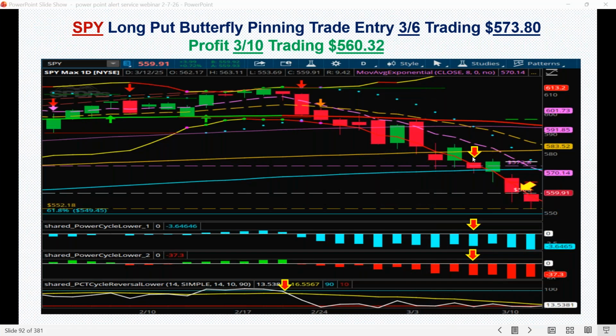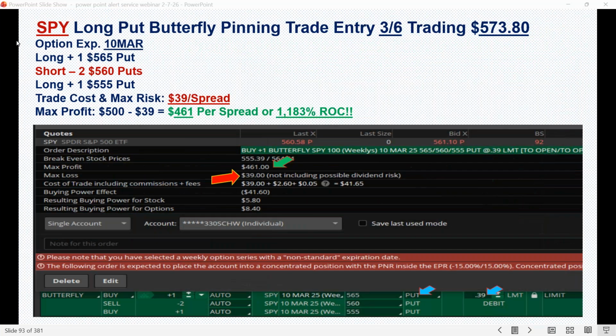And so here's the trade setup entry. Here's the risk profile, what it was looking like set up. So this was doing a 565 put long, short the 560. That's our body that we're targeting, and then the 555 there. So we have this put butterfly targeted downside pin move at 560. Cost of this trade was 39 cents, 39 bucks.